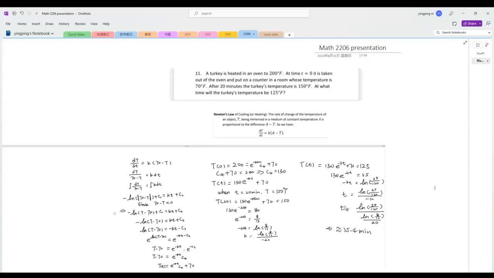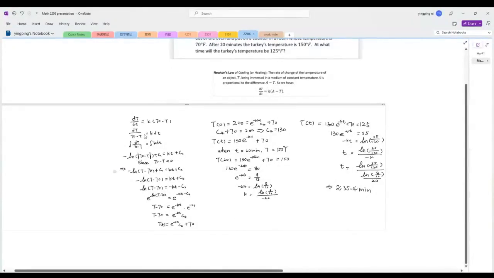So d temperature over d time is equal to k times (70 minus temperature). We cross multiply, and we get d temperature over (70 minus temperature) equals k times d time.